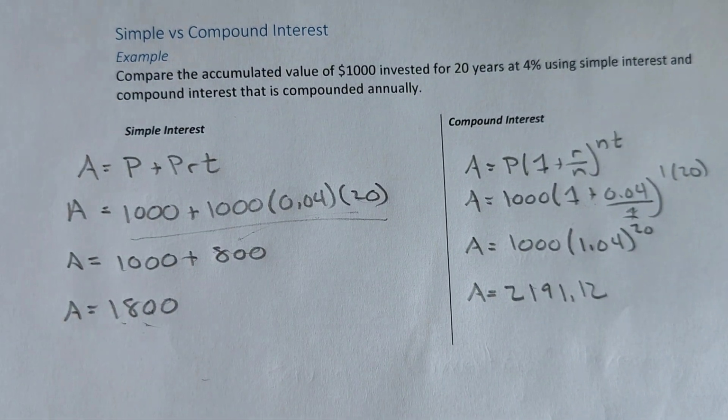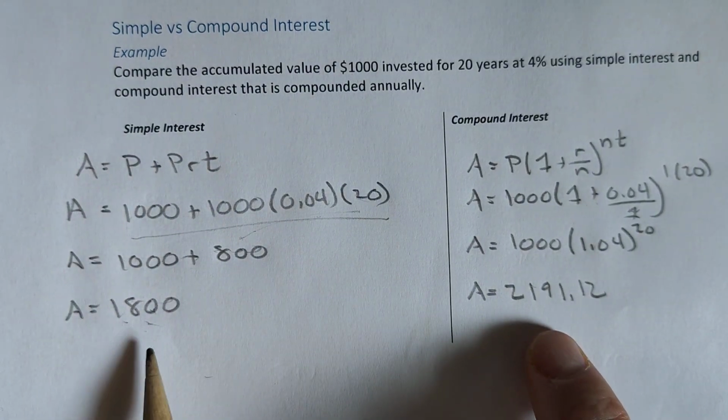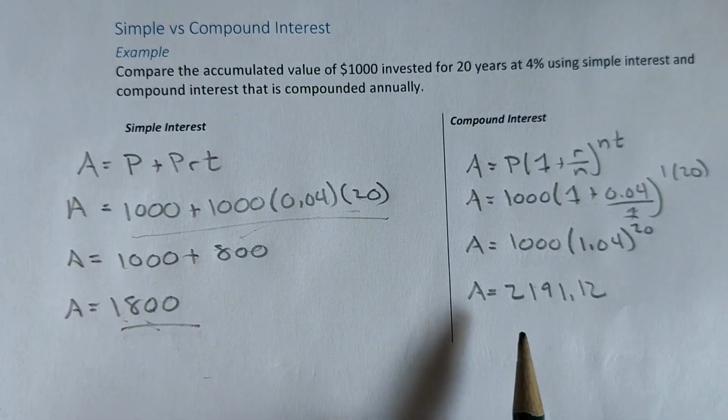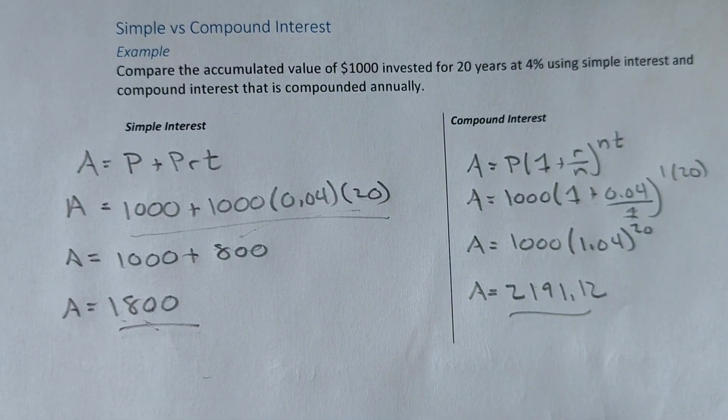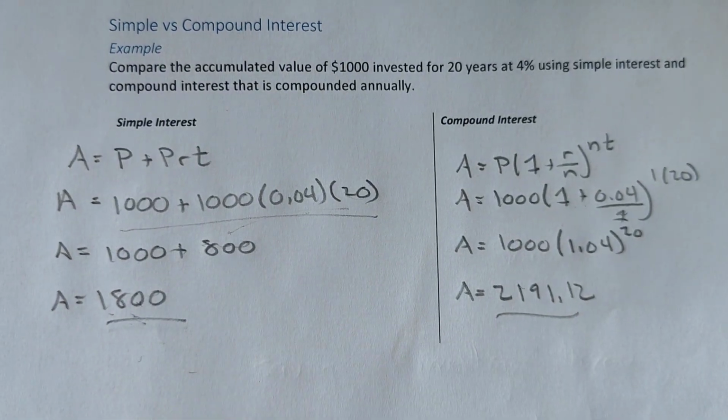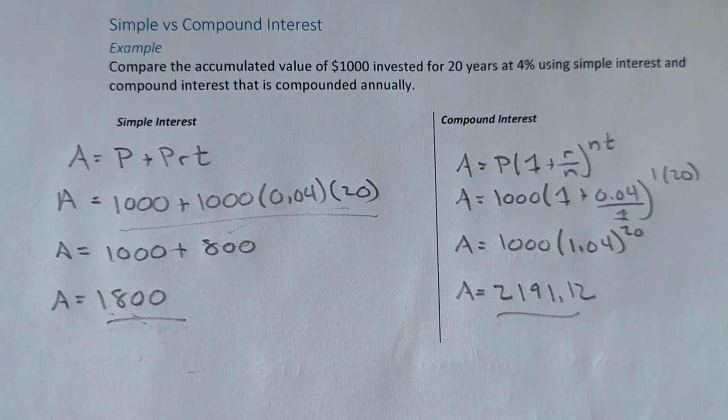After 1 year, these would be exactly the same, but over time, each year, compound interest will continually make more money. And after 20 years, we get $1,800 versus $2,191 and 12 cents. We've made almost $400 more using compound interest.